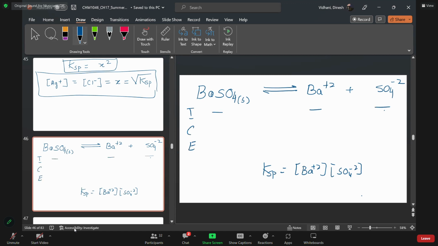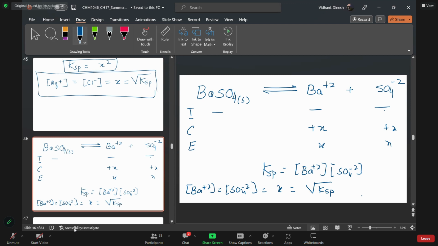This is going to be initial. Change is plus X on both sides. Equilibrium will be X. And again, in this case, I will have barium ions equal to the amount of sulfate ions. That would be X, and that would be the square root of KSP.